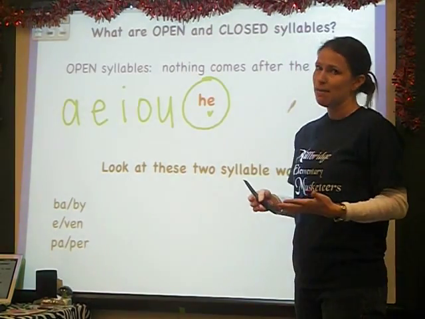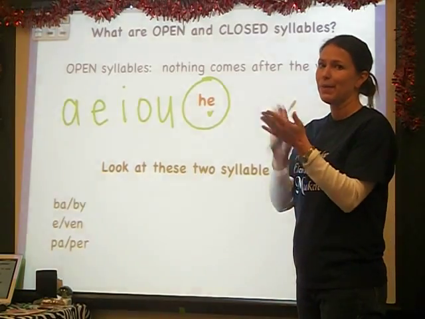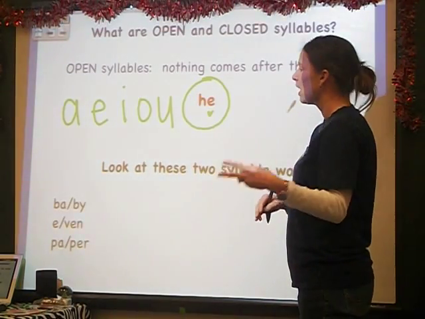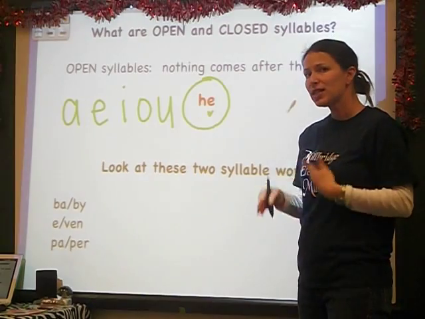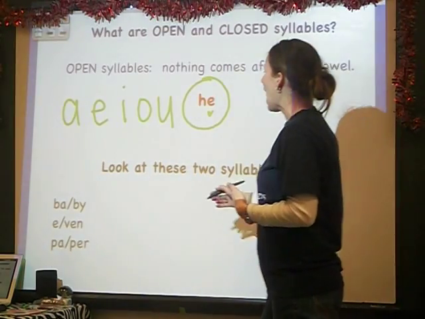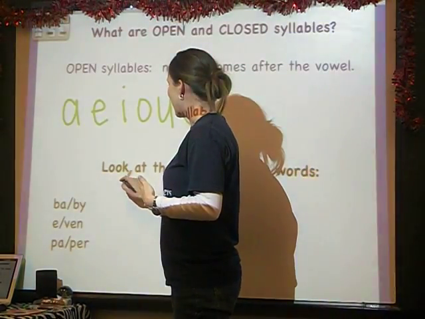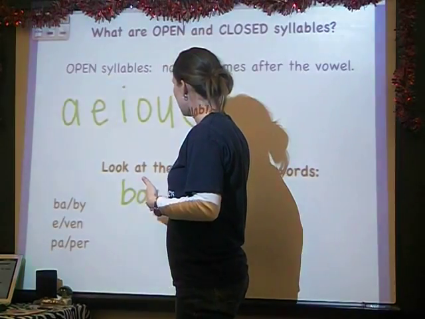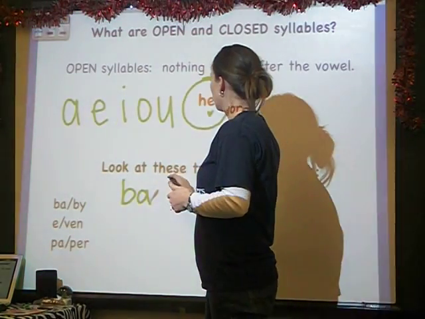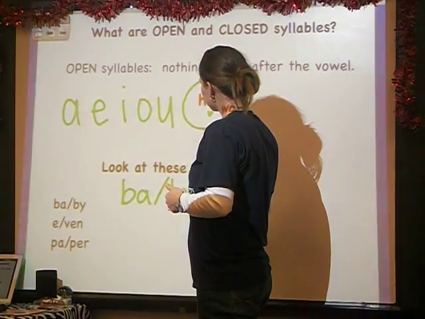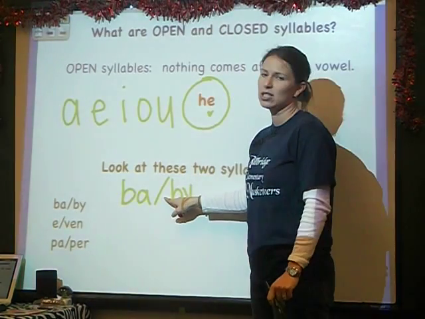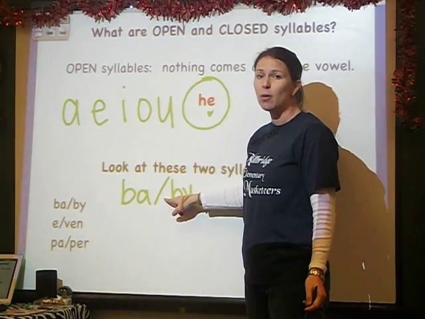So, for example, baby. When we clap out baby, baby, that's a 2-syllable word. If I would write that word using my syllabication, I would say for the first part, bay, B-A, B. As you can see, I put a backslash here. That indicates a syllable break.